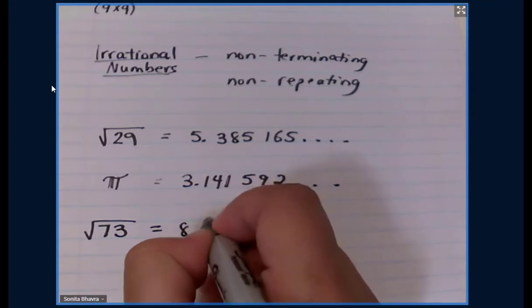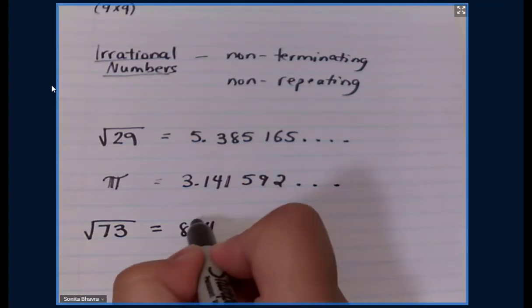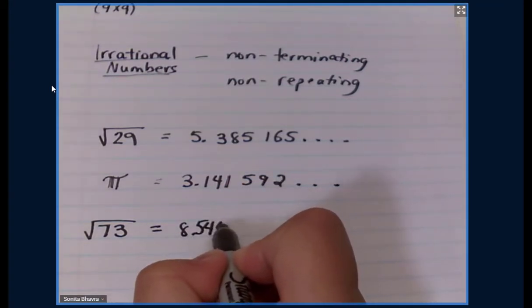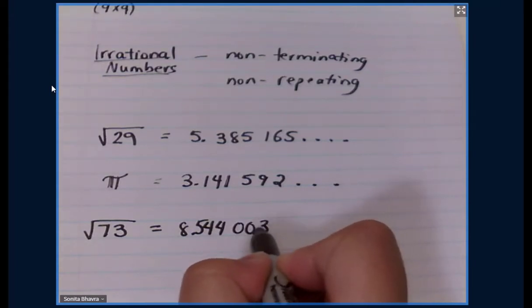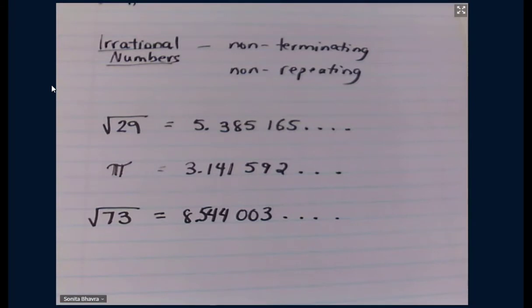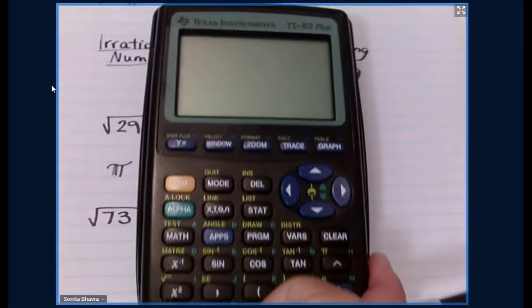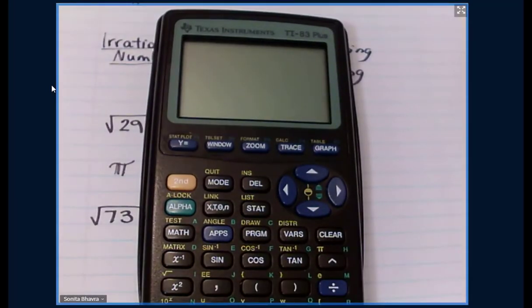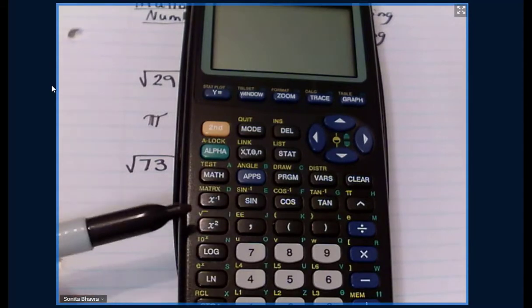You get 8.54003, and it does continue, non-repeating and non-terminating. So when using the square root on your calculator, you will find it on your calculator. On my calculator here, it is this button right here.